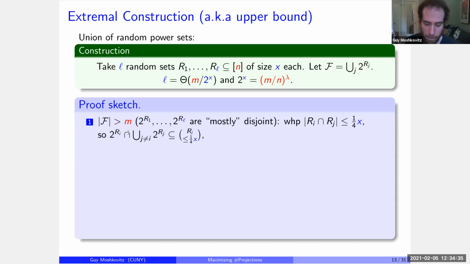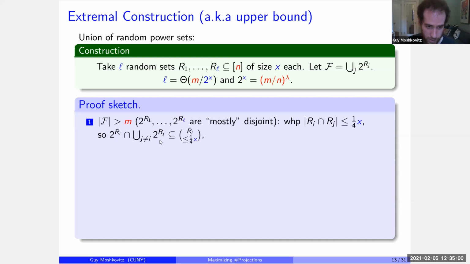So fix one power set, 2 to the Ri, and consider how many sets in this power set are not unique to it, are actually found in the other power sets. So we're talking about a set which is both contained in Ri and contained in some other Rj, maybe several Rjs.